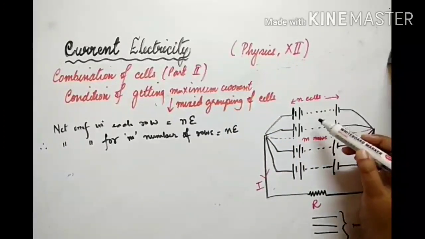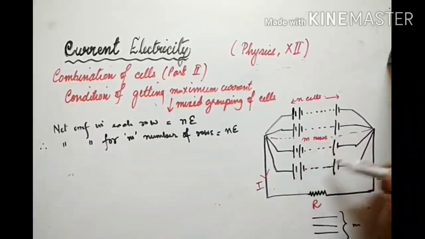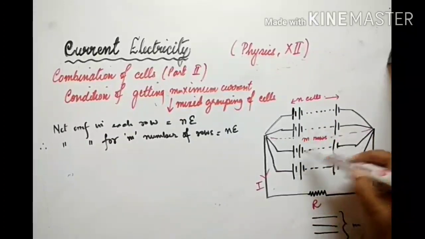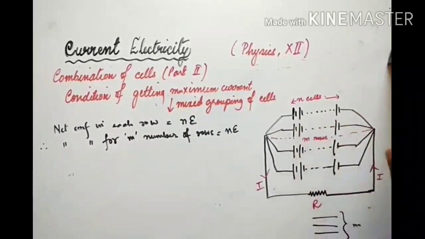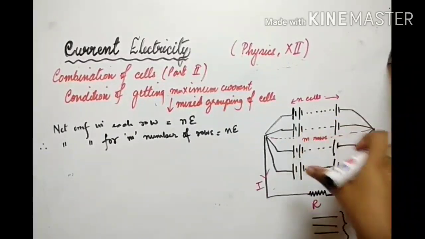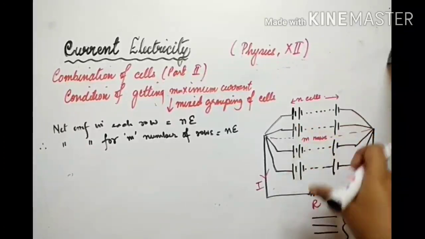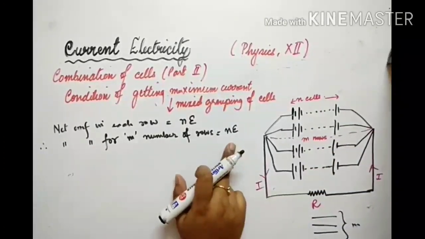Because for each branch in a parallel combination, if the EMF in one is nE, in all the others it will be the same. So the net EMF is nE.